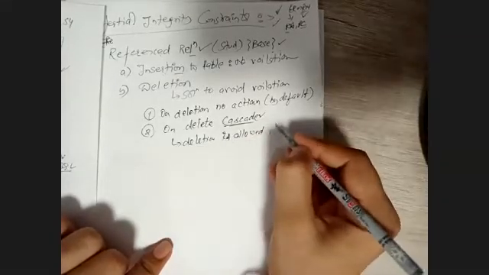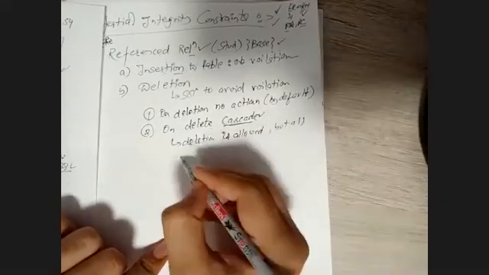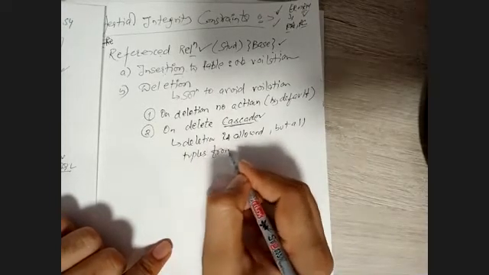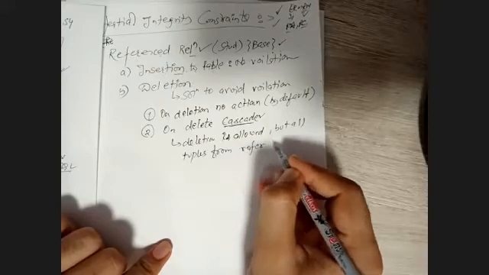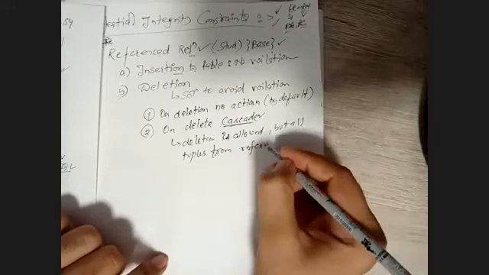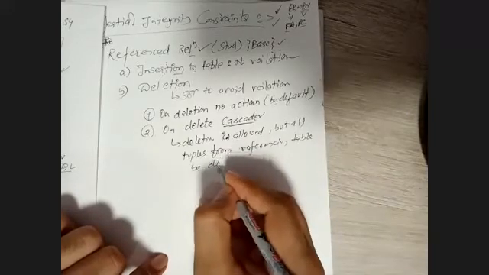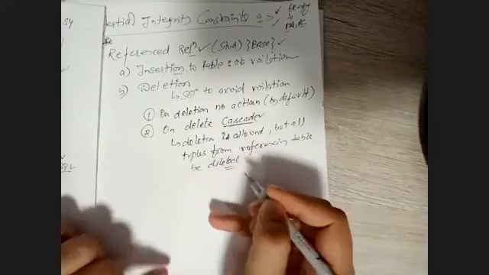Deletion is allowed, but all rows, or say tuples, from the referencing relation will also be deleted, right? So understood, right?